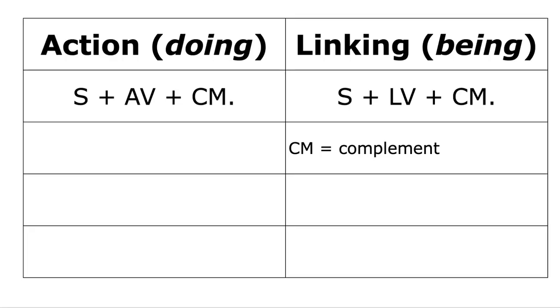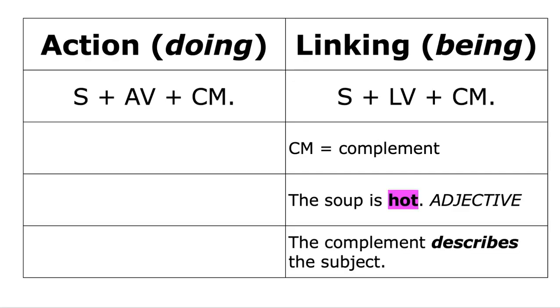complete meaning is not a prepositional phrase, it might be a complement. The soup is hot. Hot is what part of speech? It's an adjective. Sometimes the complement describes the subject. So if you have an adjective after a linking verb, it's probably the complement.